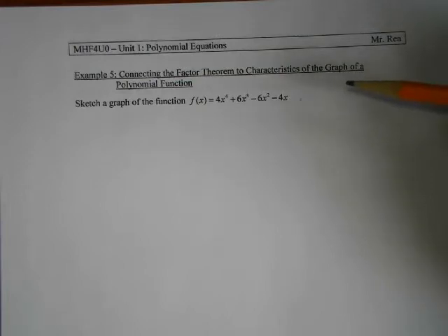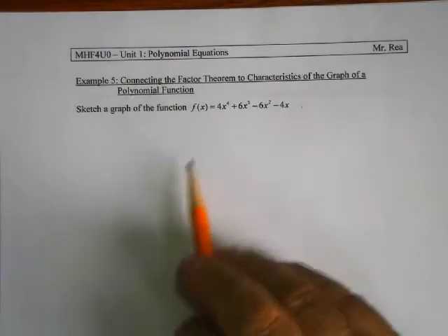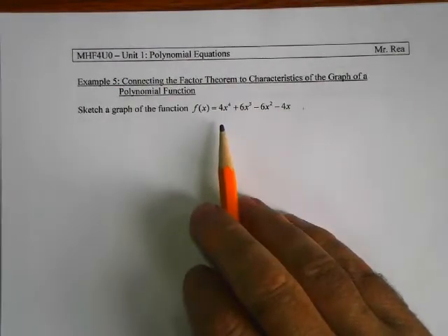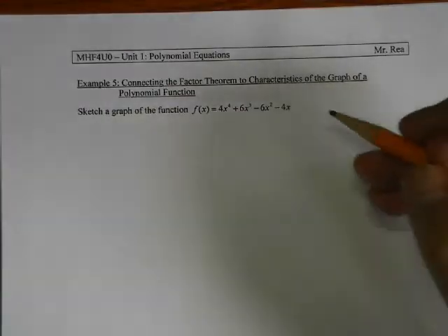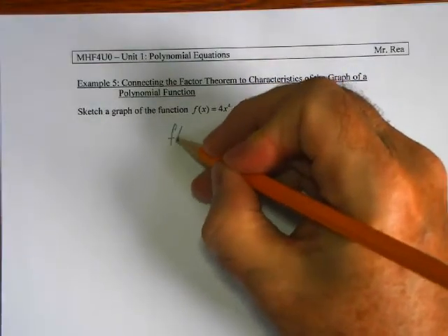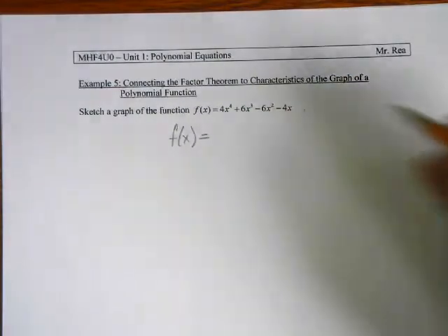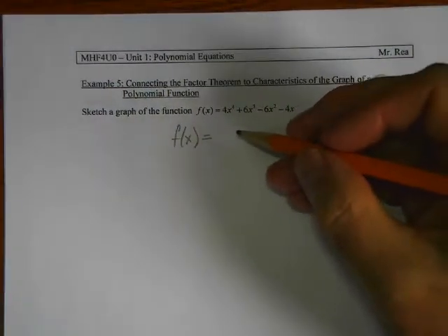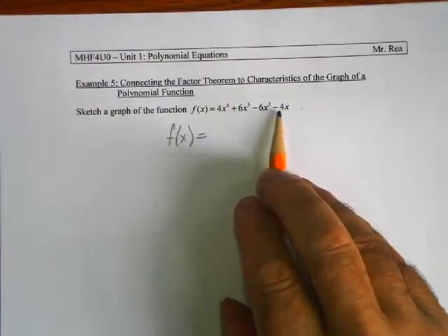Well, the secret to this is, if there's an x in every term, that means for sure there's a common factor here of at least x. So the first thing I'm going to do is rewrite f of x with the common factor taken out. Actually, I could take a 2 out as well.